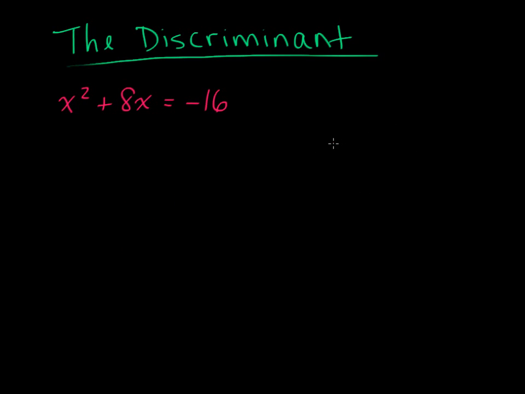All right, here's a third example. Again, we want to figure out how many solutions this equation has using the discriminant. Now this quadratic equation, we first want to rearrange this so that we have x squared plus 8x plus 16 is equal to 0. Okay? And then we're going to use the discriminant to figure out how many solutions there are.